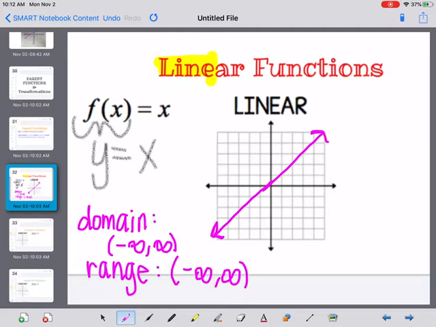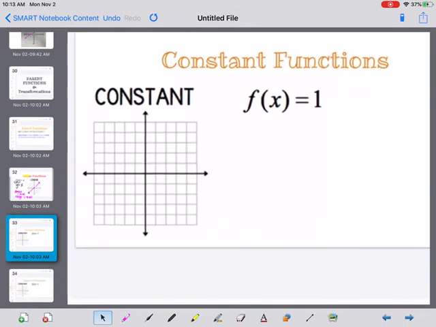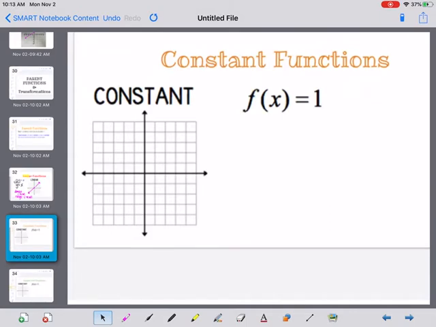The next parent function we're going to be working with is called a constant. What does constant mean? You guys have heard this word. You know this vocabulary word. What is a constant? A constant is a number without a variable.